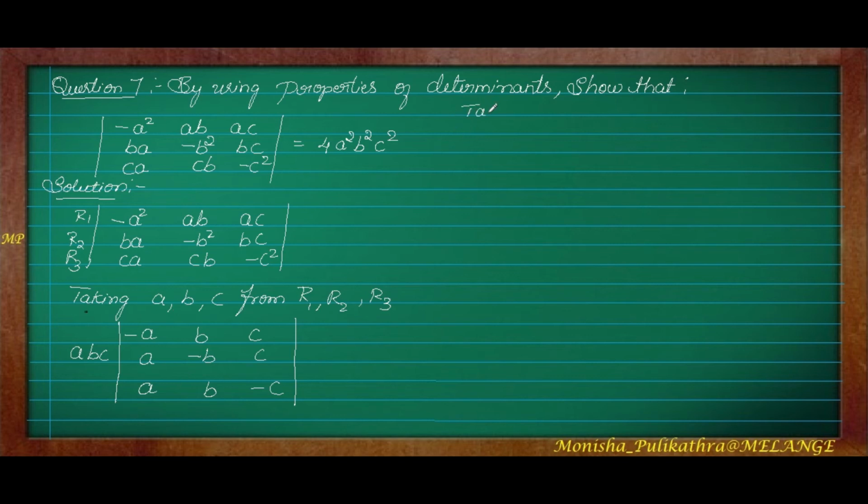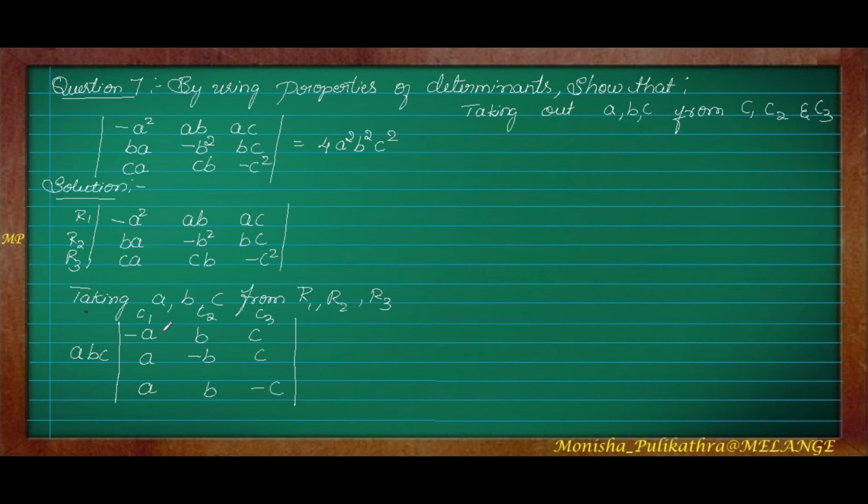Next, I will be taking out A, B, C from columns C1, C2 and C3.